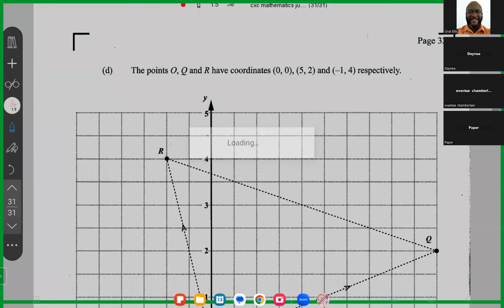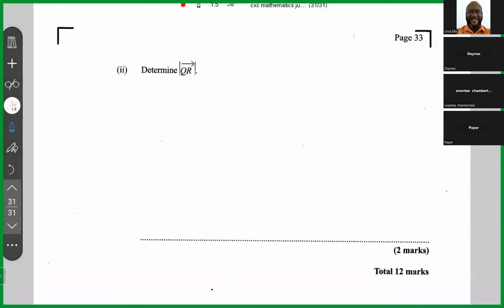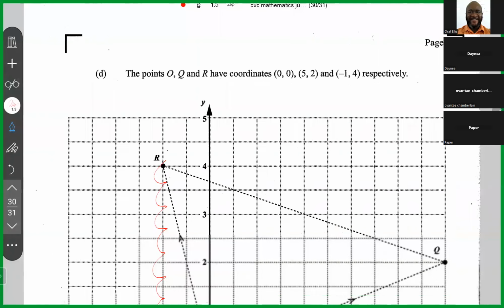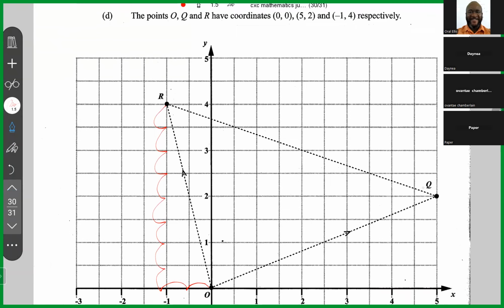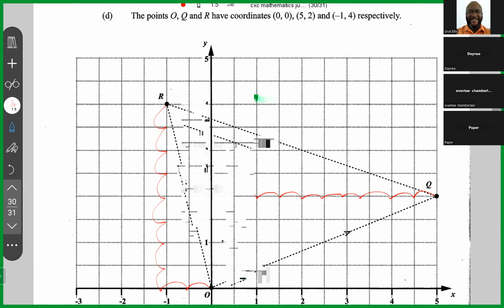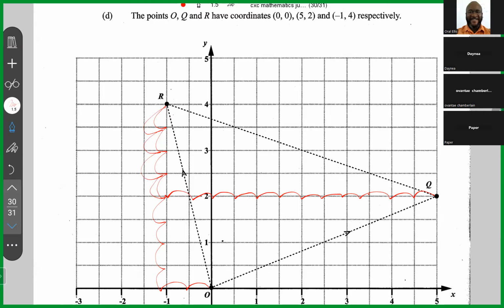Next, we're asked to determine the magnitude of QR. So let's first get QR as a column vector. We can do it by inspection. To get from Q to R, I have to go 12 units to the left and 4 units up.